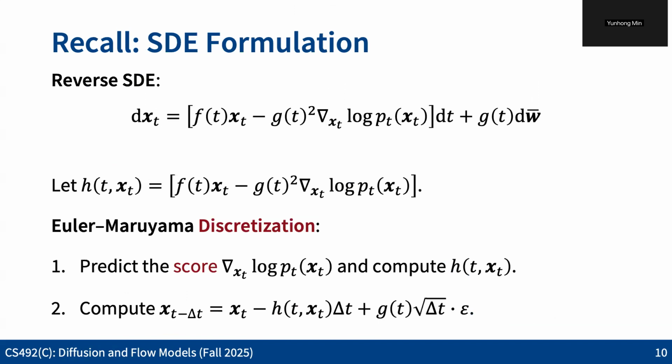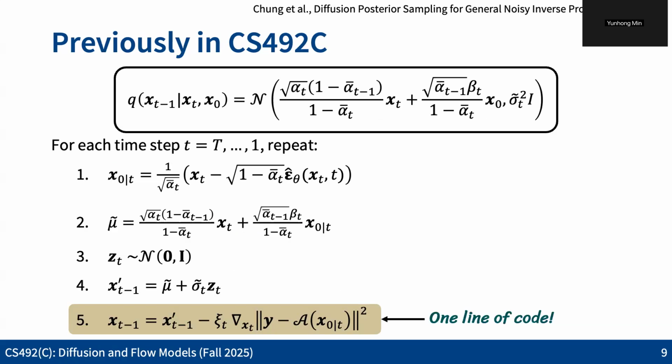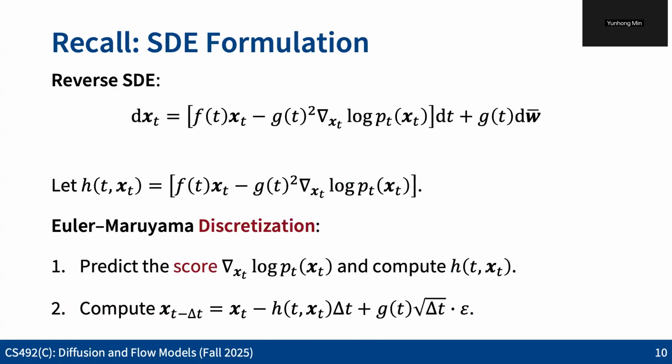For the reverse SDE, we basically have those two steps, right? This is a simplified form of the generation here, which should be exactly the same thing. But if we inject this usual guidance into the continuous SDE formulation, what should it look like?